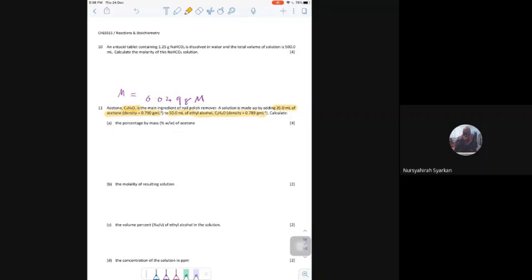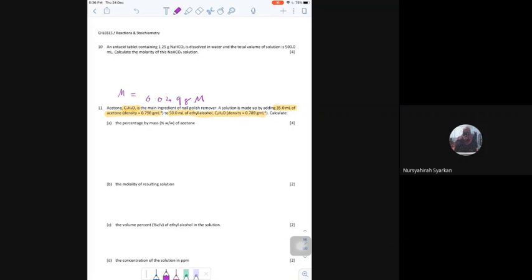So we add these two solutions, one acetone and another one the ethyl alcohol, 35 ml, 50 ml with different density of course. The question wants us to calculate the percentage mass, weight over weight, of the acetone.